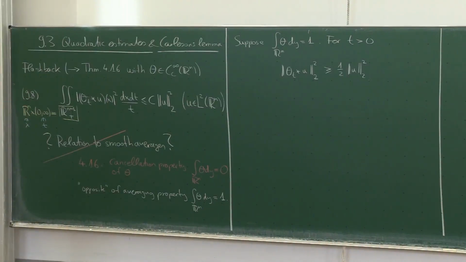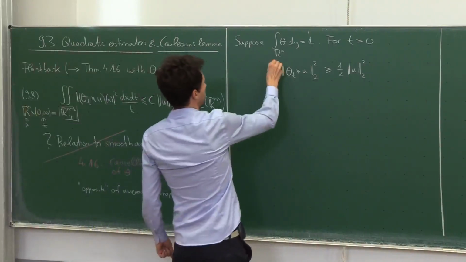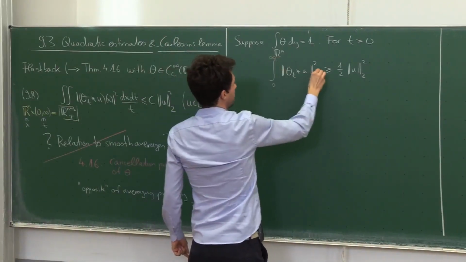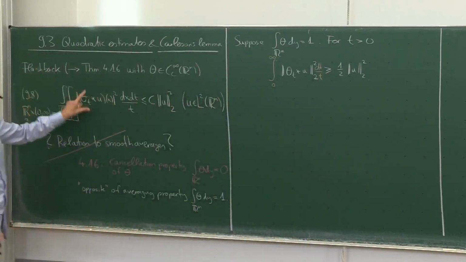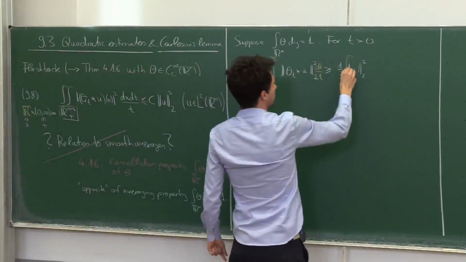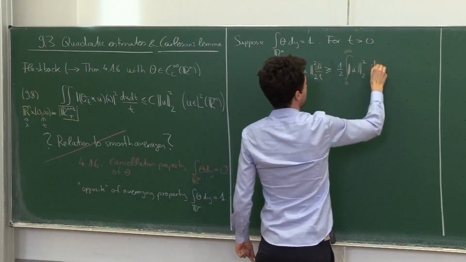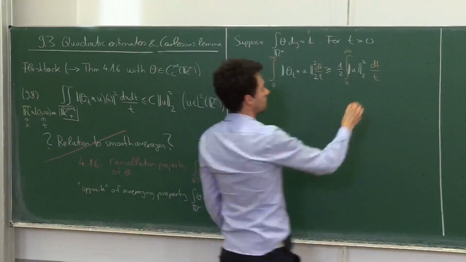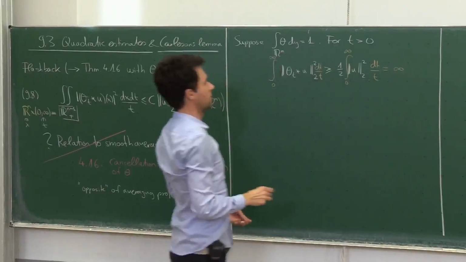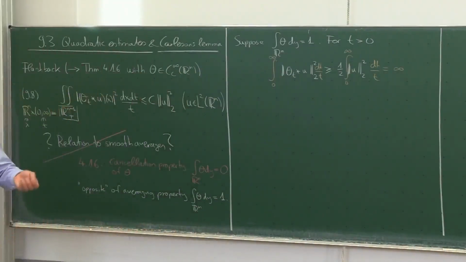Here L2 norms are not written out, but if you integrate this with respect to dt over t, which would be missing in order to produce this term, then you're integrating a constant with respect to dt over t. And so unless u is the 0 function, this is going to give you infinity. And so there's no way that you're going to have 9.8 for averaging operators.